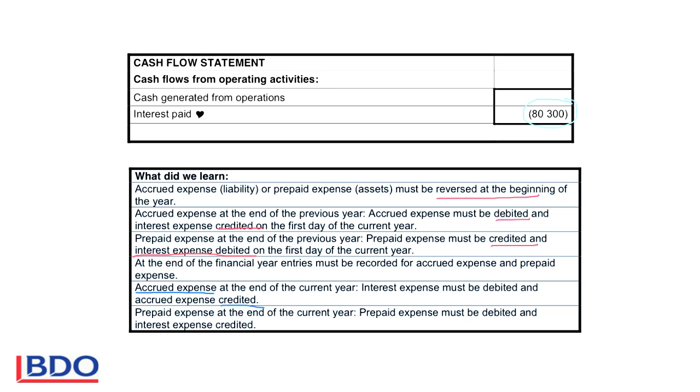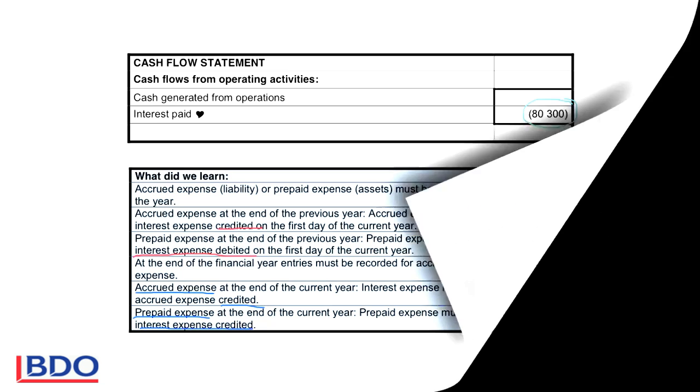Interest expense must be increased because we didn't pay all the interest, so interest expense will be debited. Prepaid expense at the end of the year is an asset, therefore we will debit prepaid expenses. Interest is an expense. We already included a figure there that's not for the current year, so we have to remove it from the interest account, so the interest expense account will be credited.